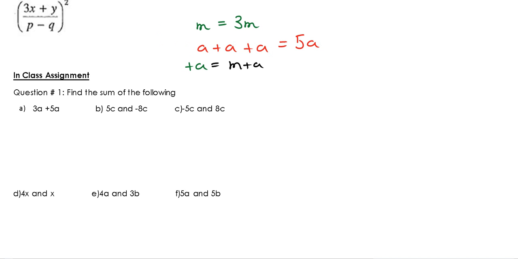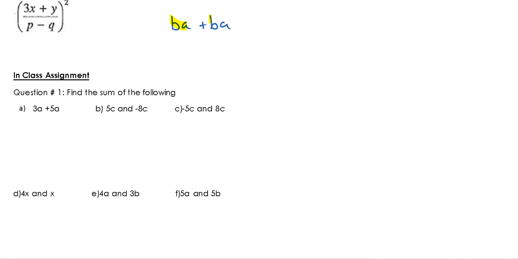Now, a few other things that are very useful. If you have something like BA plus BA, notice that these letters are the same, so you can definitely add those. Those will be 2BA. So if you add BA plus BA, that's 2BA. If you have BA plus AB, where I kind of just switch the order here, that's the same thing, right?